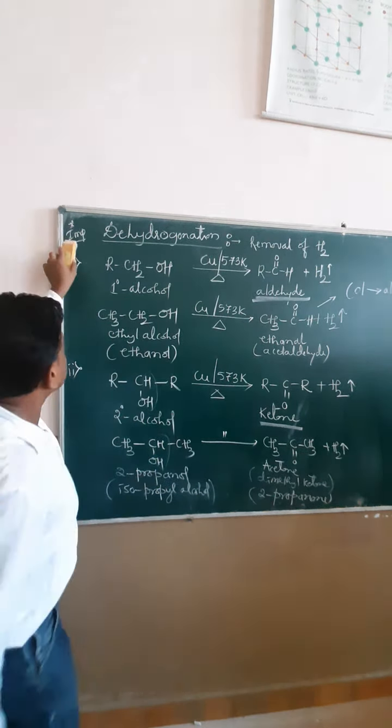Now I have a very important reaction for a tertiary alcohol. What happens when we take a tertiary alcohol, C with CH3, CH3, CH3? I have a direct example: the name of this compound is tertiary butyl alcohol.